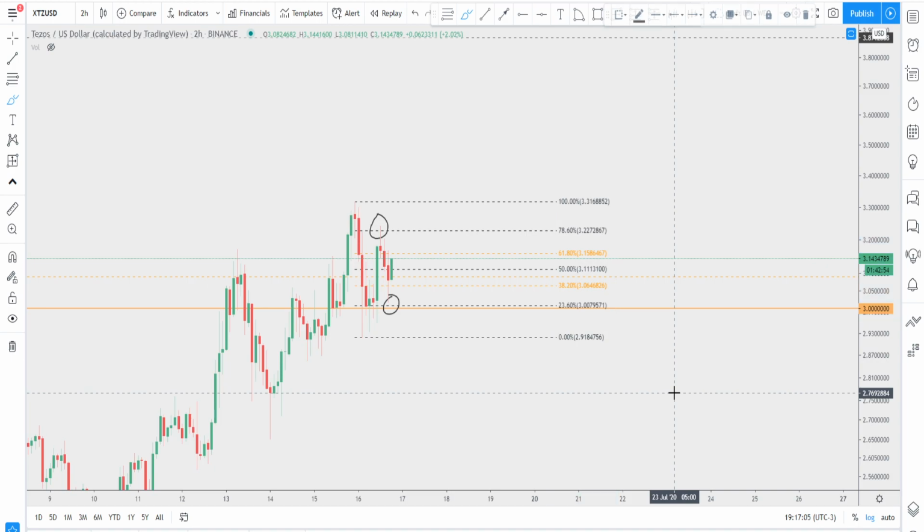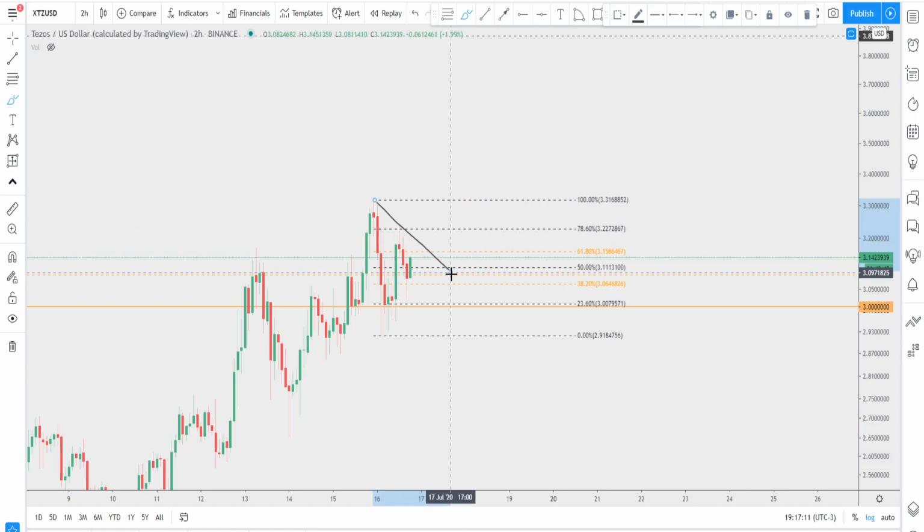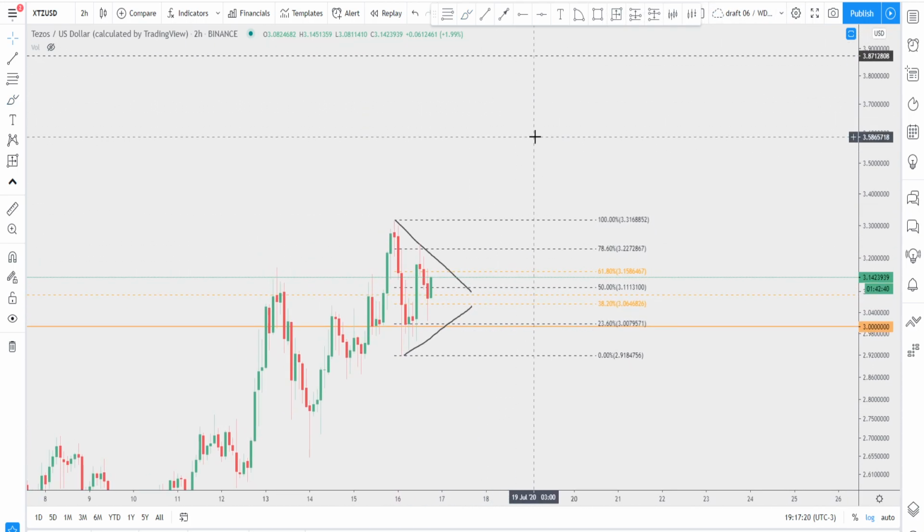The only problem here is this pattern is too tight. And this is not enough to craft or build a strong move up or down. We are not expecting a move down, but for a strong move up, okay?